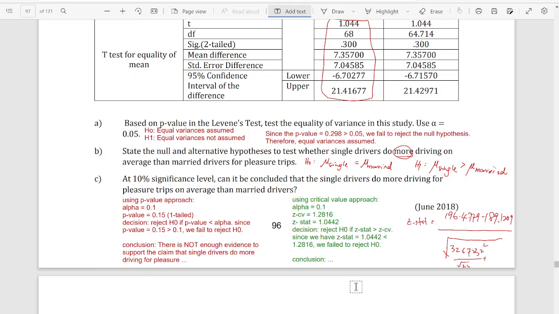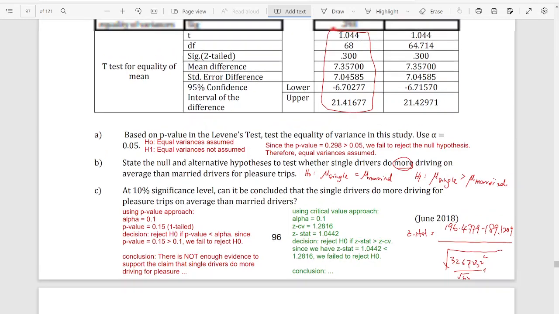In this case, we are assuming they come from a normal distribution, and the population variance is unknown. However, the sample size is large enough for you to use the Z statistic for the hypothesis testing. Okay, so that is for question number 1.